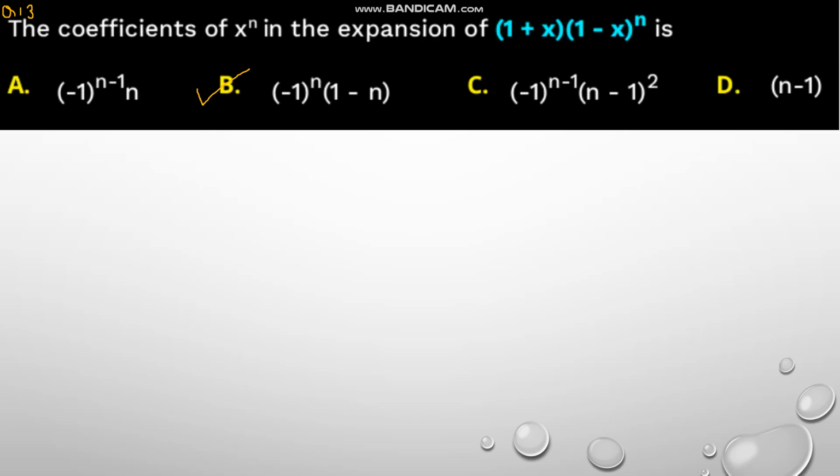Okay. Let's see how one can solve this question. First of all, one can easily see the options and just tick mark option B, because the x to the power n coefficient is needed.